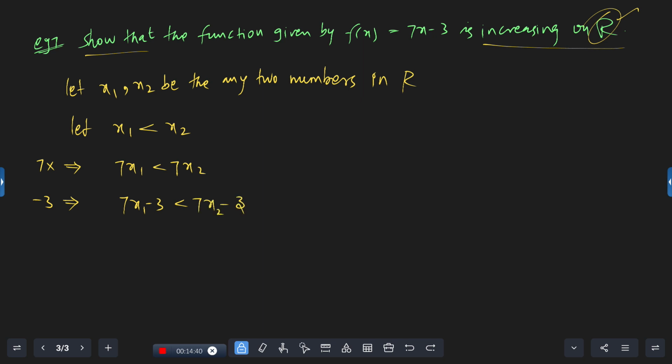See children, look at f of x, we have here 7x minus 3. So you can write f of x1 less than f of x2. So the element x1 is less than x2, and the function also, f of x1 is less than f of x2.